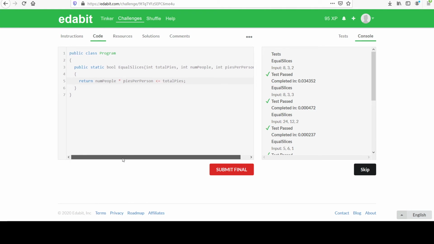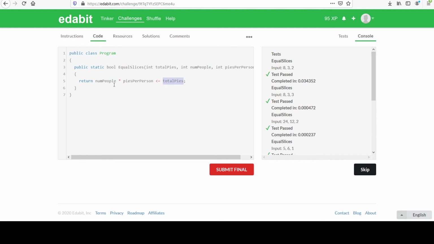Now, we should talk about order of operations here. You may be wondering how this works, how the computer knows to execute the multiplication first and then compare against total pies.